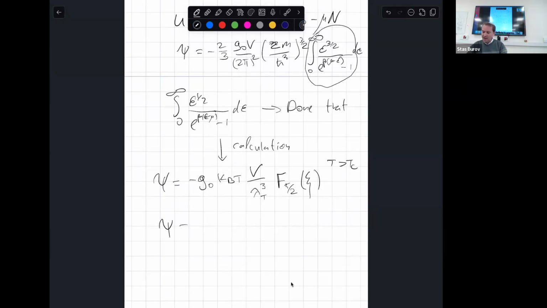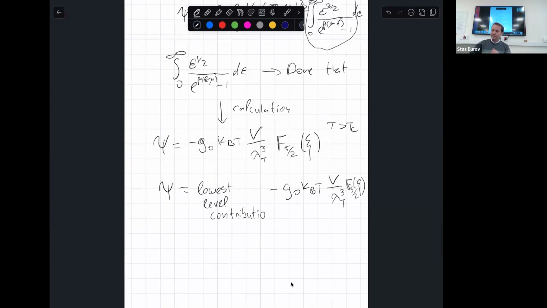We will have psi equals the lowest level contribution minus G0 k Boltzmann T V divided by lambda T to the third power F5 halves of Z. Now, what is this lowest level contribution?